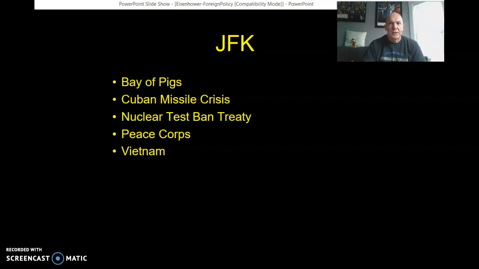And we also see JFK continuing America's involvement in Vietnam by increasing the number of troops into Vietnam. So there's some question about if Kennedy had lived, would we have been in Vietnam? That's debatable. But there were so-called plans to try to get out of Vietnam. But we'll talk about Vietnam later.